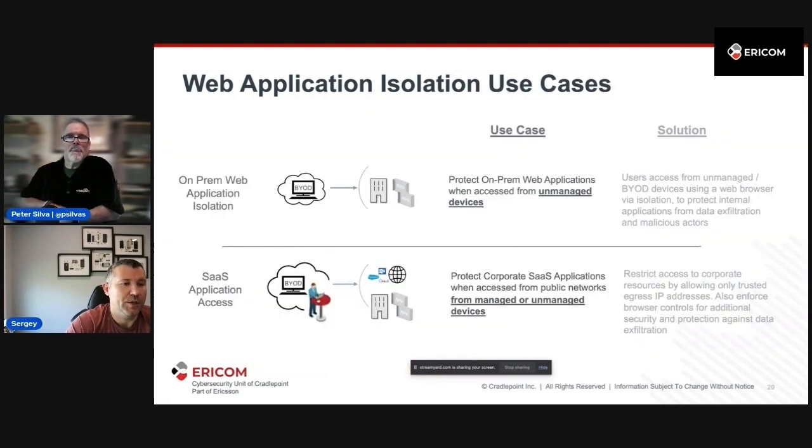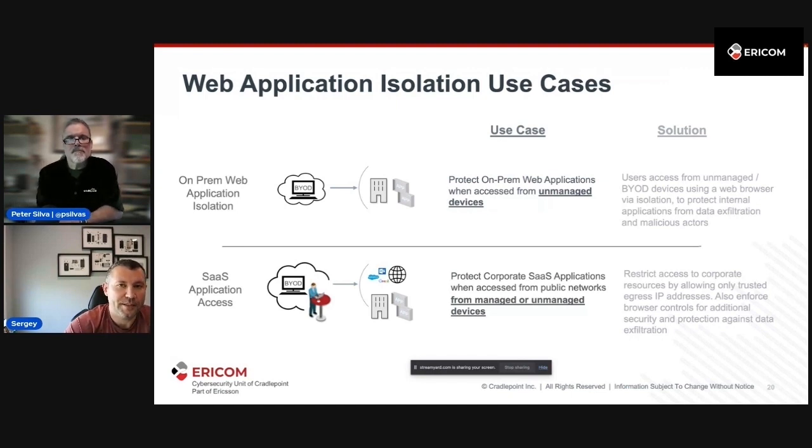Yep. All right. So when we talk about this type of access, there are different types of apps you can expose through the platform. The first type would be SaaS apps or public apps, which we connect to using various technologies, and we ensure there's no direct connection between the end user and that particular web app.